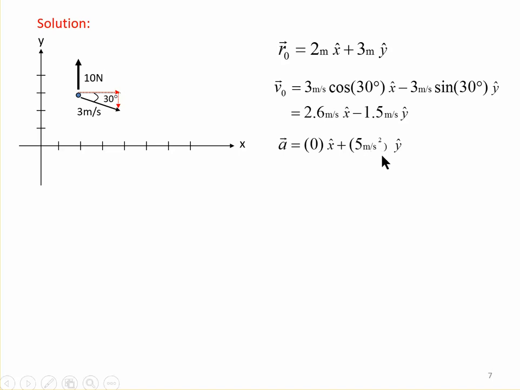And that will be in the positive y-hat direction, because remember, the direction of the acceleration is always in the direction of the force. Okay, so here we have the initial position, the initial velocity, and the acceleration all broken up into their x and y components.